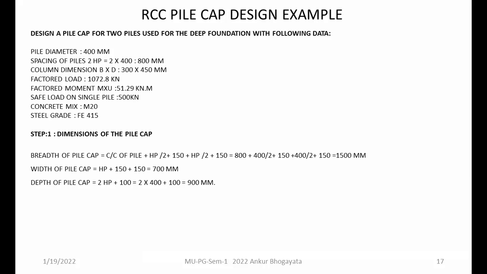So these many elements were necessary to discuss as a part of the syllabus, and also the counterpart, which deals with the design of water retaining structures and silos. I'm sure that by combining all the knowledge together, you will be in a better position to design any special structure.